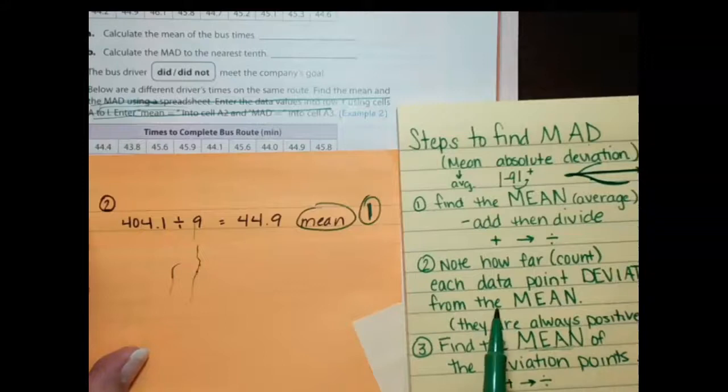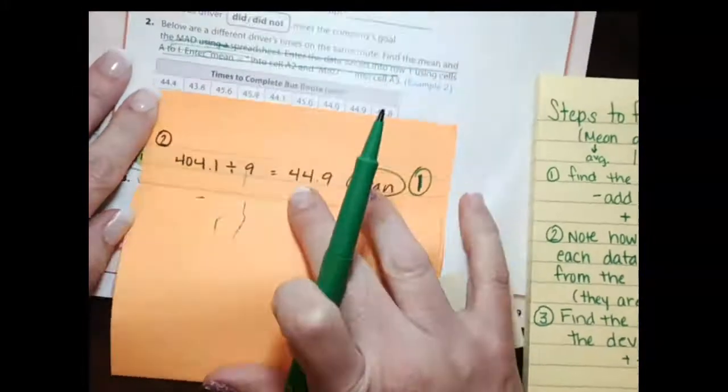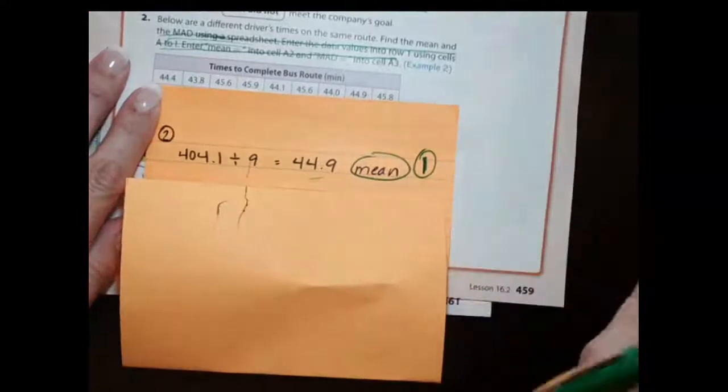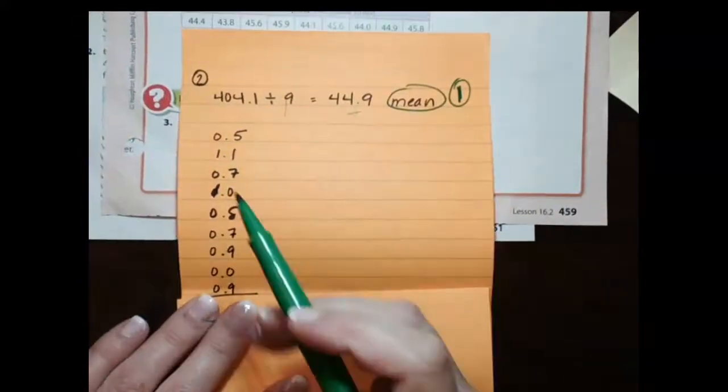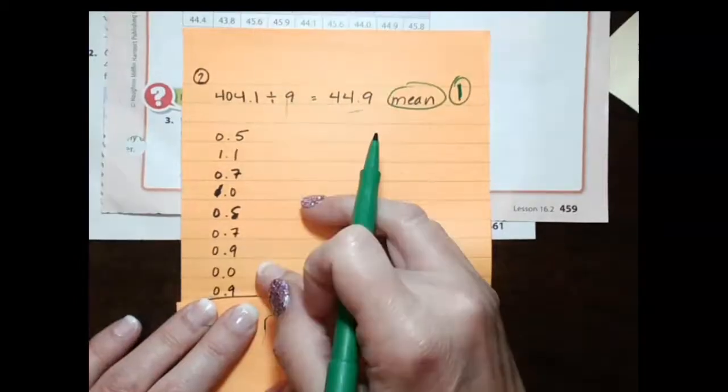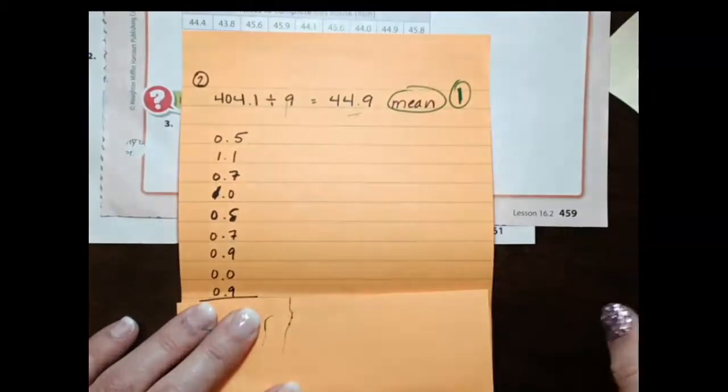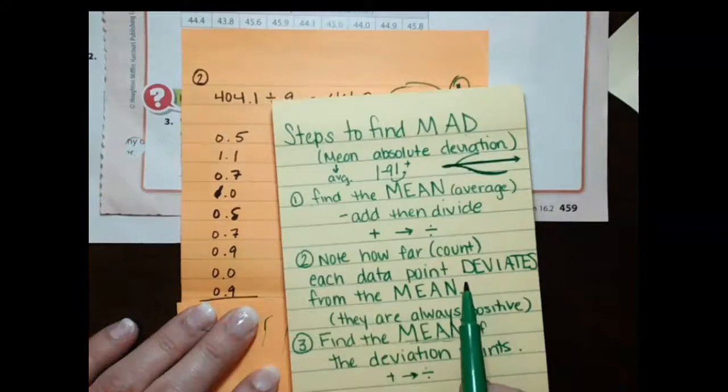Step 2, I have to find out how far all of these numbers deviate from this number, 44.9. Guess what? I've already done that for us here. All right. So when I add all of these deviation points up, we now know how far each one deviates from the mean.